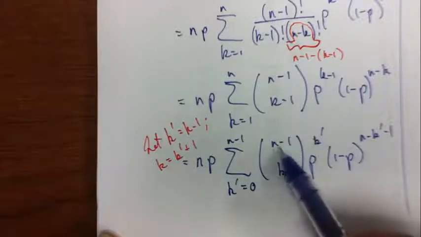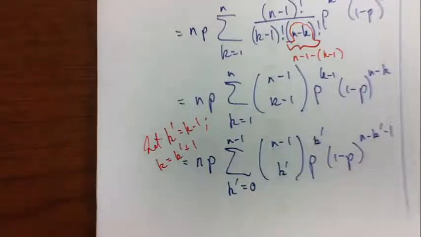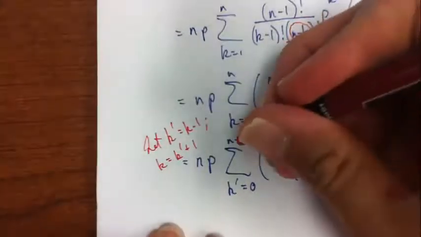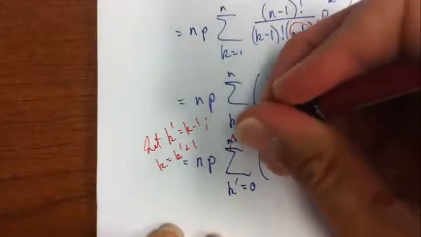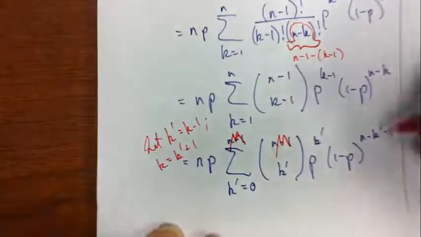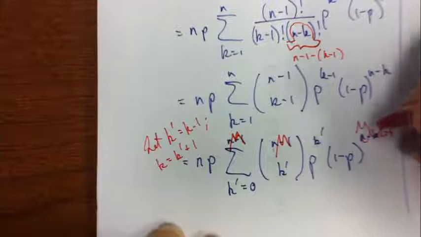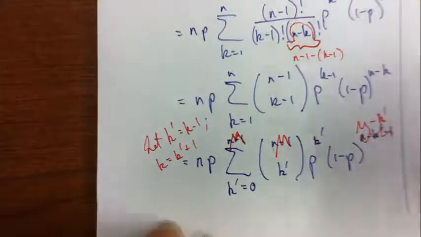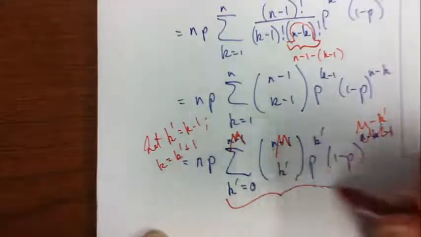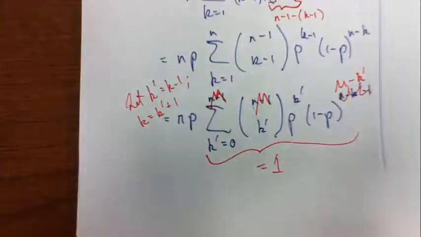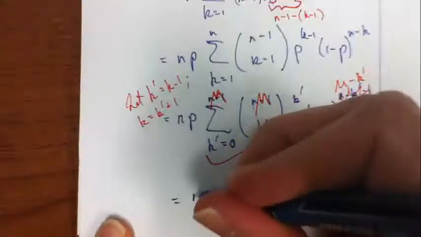I've got n minus 1 choose k prime. I could change my n minus 1s to be an m, for math. Here's an n minus 1 here too, so this is all m minus k prime. Guess what? By the binomial theorem, this is 1, and we're done. So the mean is just n times p.